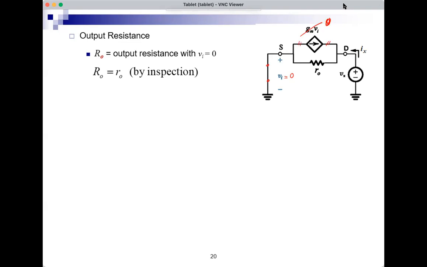So what do you have left? Just ro. And this is the output resistance. So that's very easy to show. So now I know that Av would be AVO, RL over RL plus small ro. And that this was 1 plus gm ro, RL over RL plus small ro.